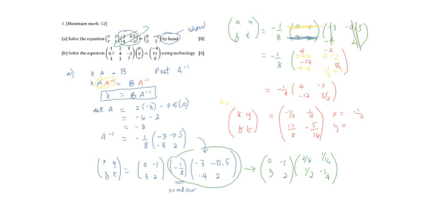So that's equal to 1/4. Our Z is the entry 2 sub 1, so that's 17 over 8. And our T is our last entry, negative 5 over 16.